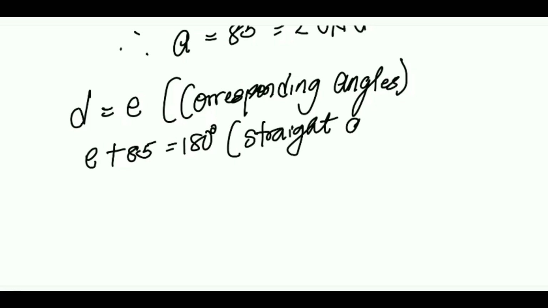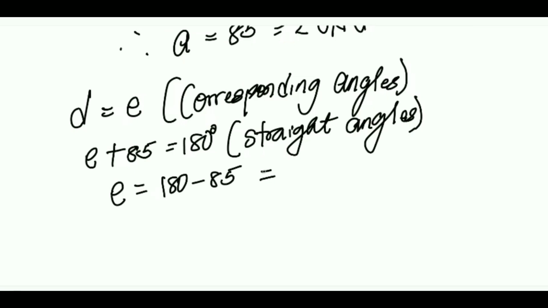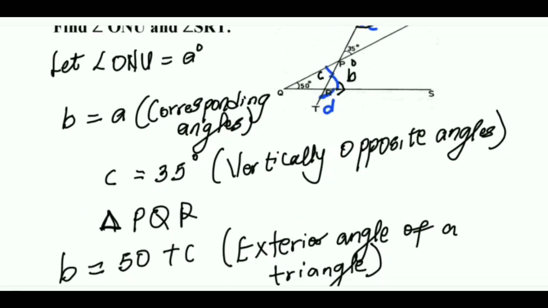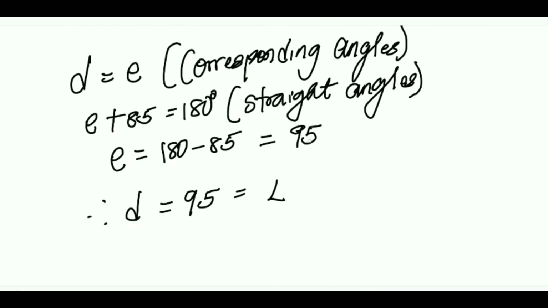And my reason is exterior angle of a triangle. Now there may be other ways to find angle ONU. Mark my word, there may be other ways. All right, so just pay attention. So B equals 50 plus, I got my 50, and C is 35.